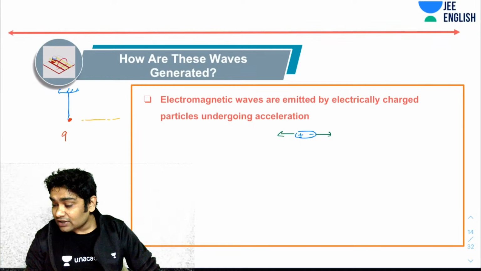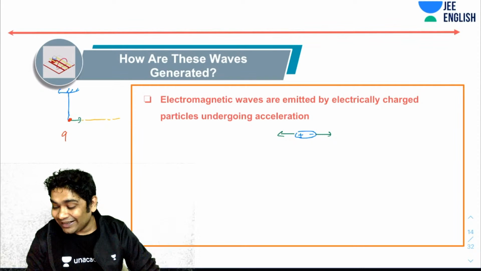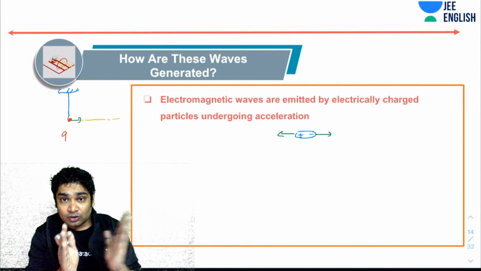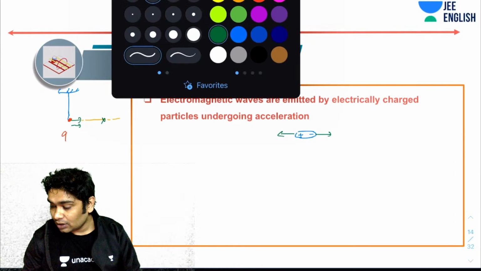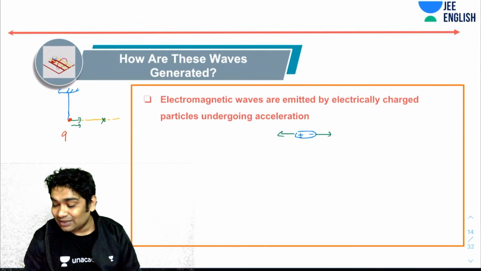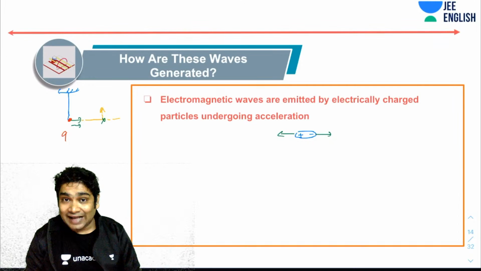Now, what happens if I start oscillating this charge? Think about this. The moment I am moving it towards these points, you realize that when it is moving here, the electric field will get stronger. If the electric field here had some magnitude, it will go above the average magnitude, which would have been when it was here.